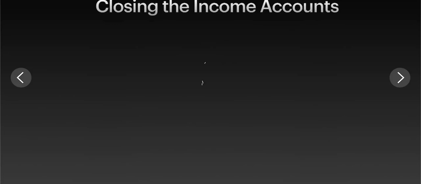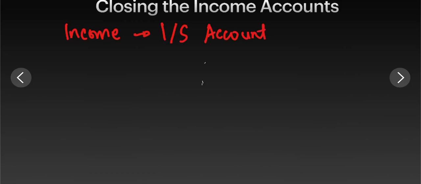First, let's discuss closing the income accounts. Let's have a little recap. Income is an income statement account. As an income statement account and as an income, the normal balance is credit.